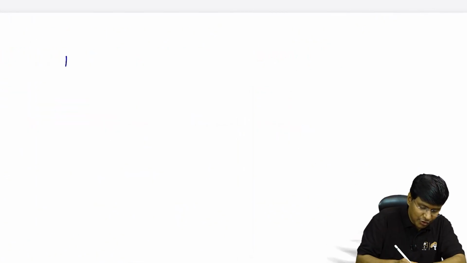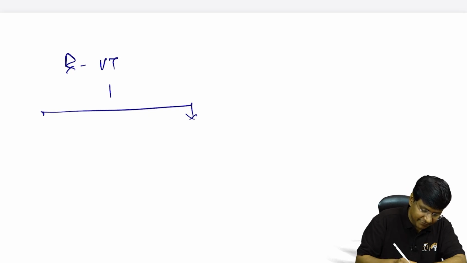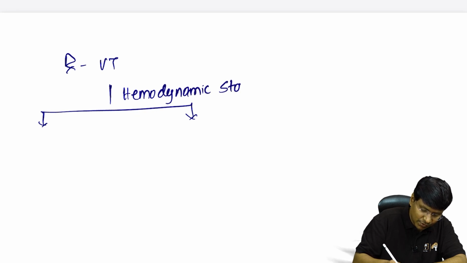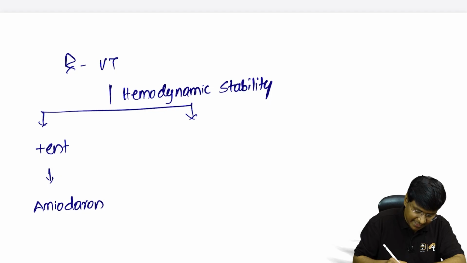Now, how will you approach the treatment of VT? In case of VT, the first important thing that you need to check for is the presence of hemodynamic stability. If hemodynamic stability is present, then the drug of choice will be amiodarone.